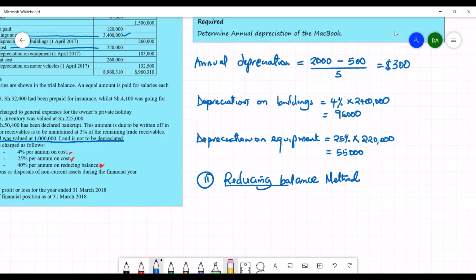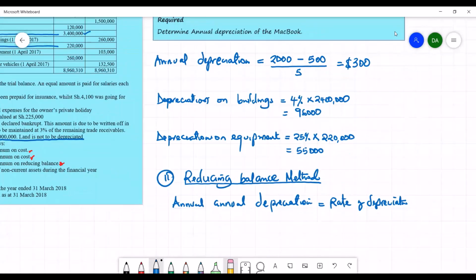Using reducing balance method, a rate of depreciation is multiplied by the net book value of the asset. So annual depreciation is determined as the rate of depreciation multiplied by the net book value of the asset.